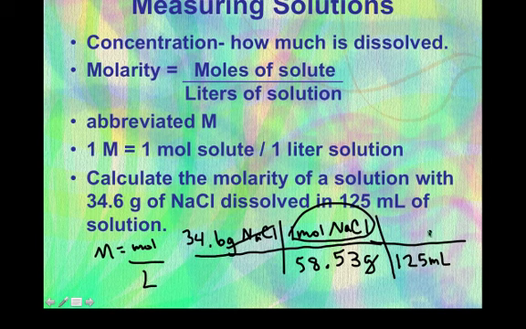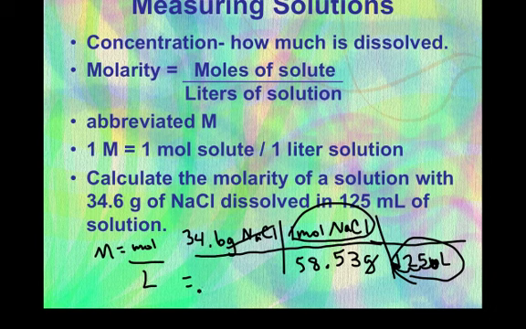So I'm putting it on the bottom. All right, but that's not liters. Well, it could be real easy. Move your decimal 3 times over. Now it's in liters. Now I have moles over liters, and I'm done with setting up my T-table because I got exactly what I wanted.